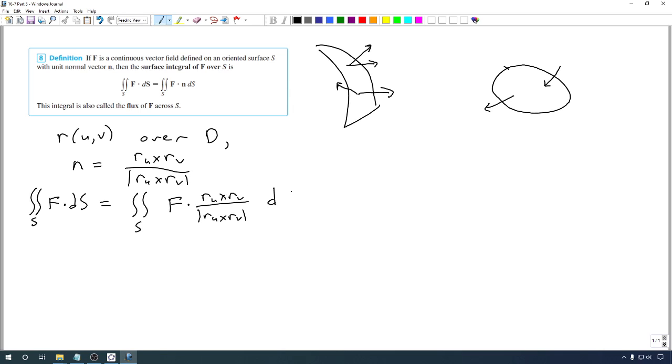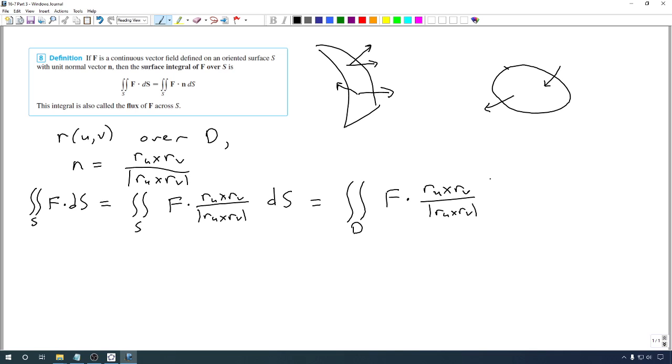But that is a surface integral in the original sense, so this would be a bold S, and this would be a not bold S. And we turn that into a double integral over D of F dot r_u cross r_v over the magnitude.